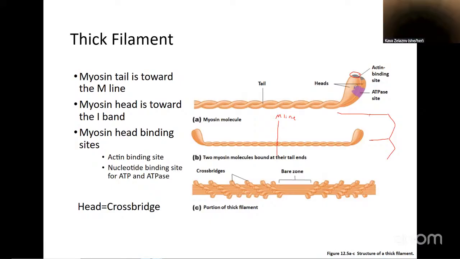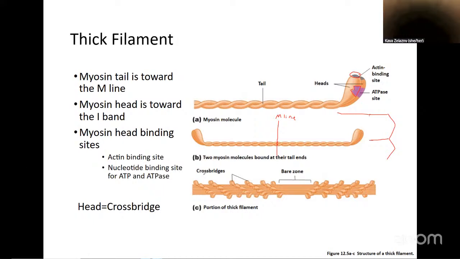And partway along it, we've got a site where we're going to be able to use ATP, because contracting muscles is going to take energy. So we have an actin binding site and we have an ATPase site, a site that lets ATP bind, and when it binds, it's going to act as an enzyme. That's why we have that ase ending. So that's where we're going to break ATP to use energy.